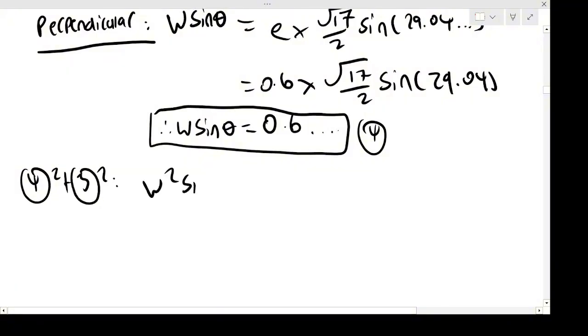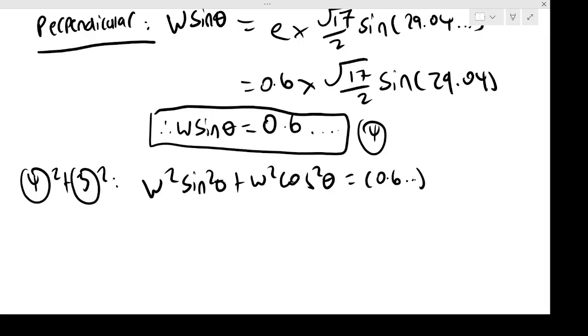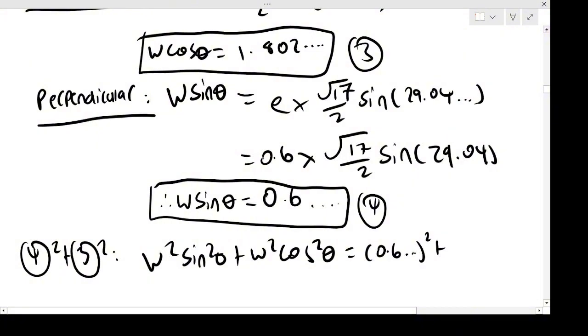We're going to get w squared sine squared theta add w squared cos squared theta to be this 0.6 squared, which is in my calculator, by the way. So I've got the whole answer on my calculator stored, and then that's going to be 1.802 blah blah blah squared. Again, that's stored. So that means that's going to be w squared.